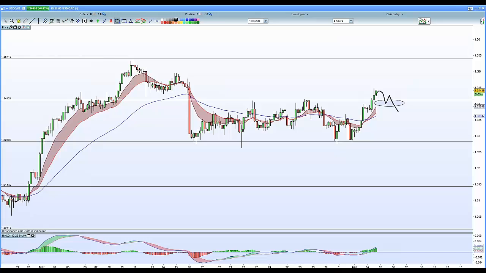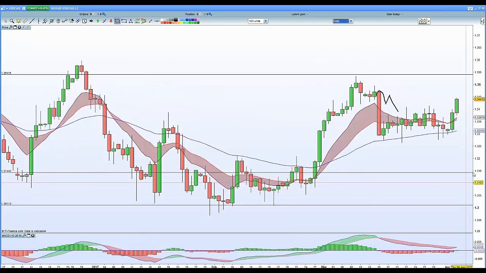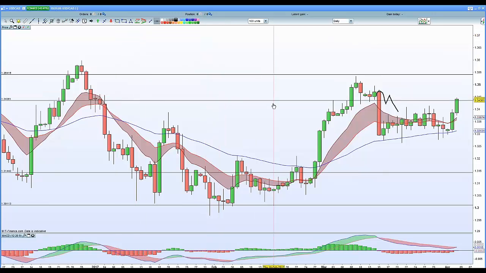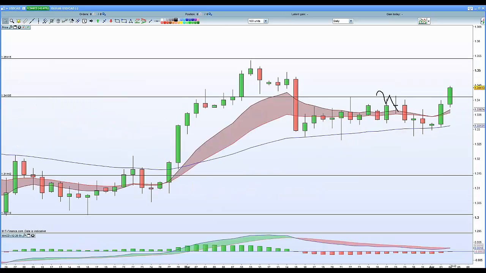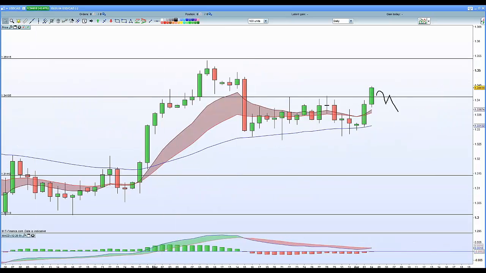Normally, if I go to a daily chart again, one of the signs that it's a false break is on a higher time frame chart, like a daily chart. Right now the daily candle is not closed yet.